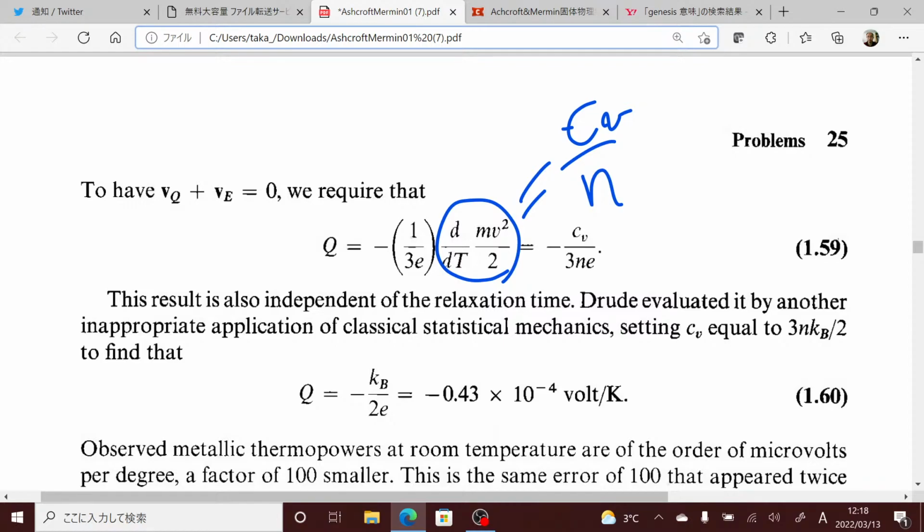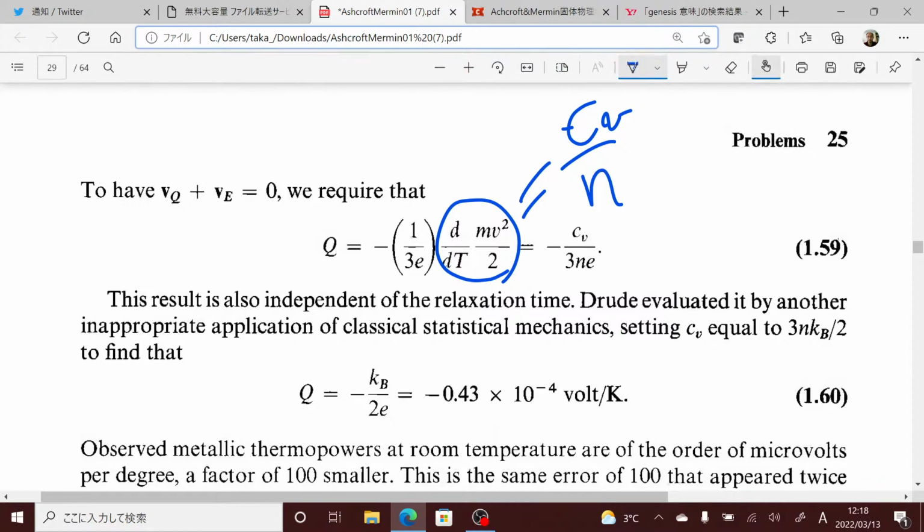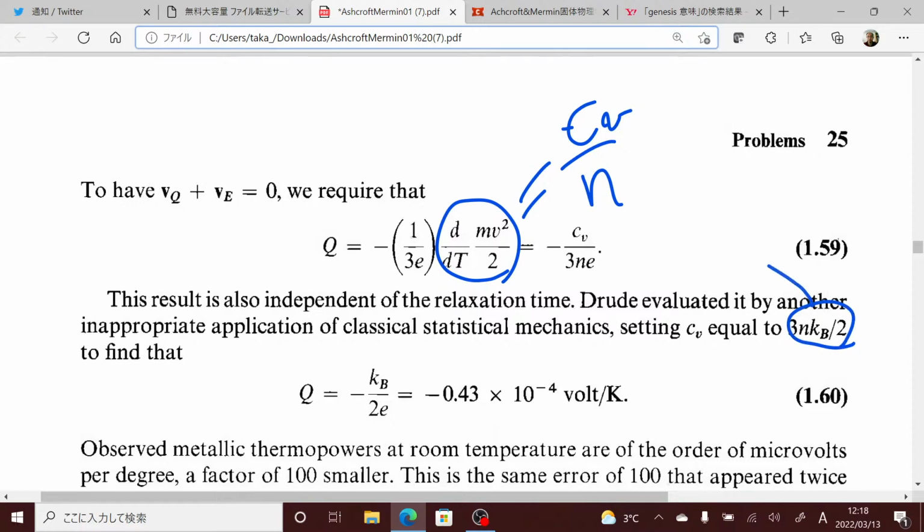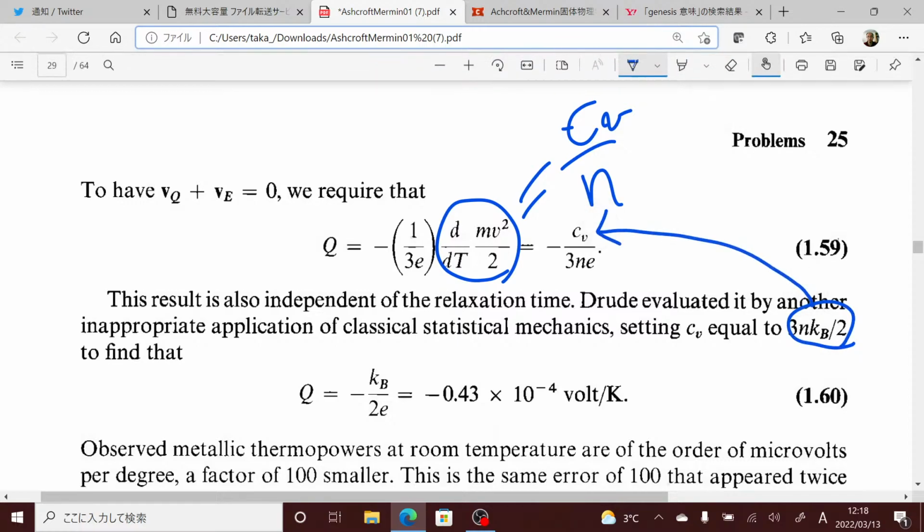to find Q equals minus k_B over 2e, which equals minus 0.43 times 10 to the minus 4 volts per Kelvin.